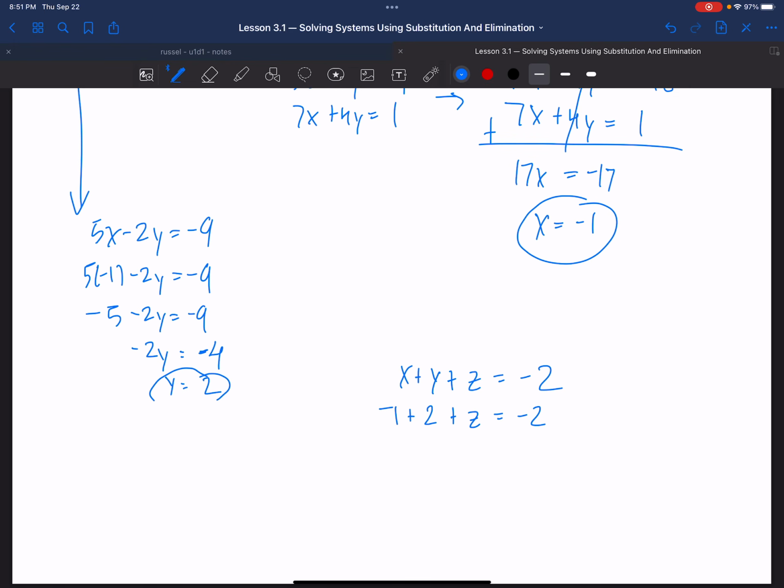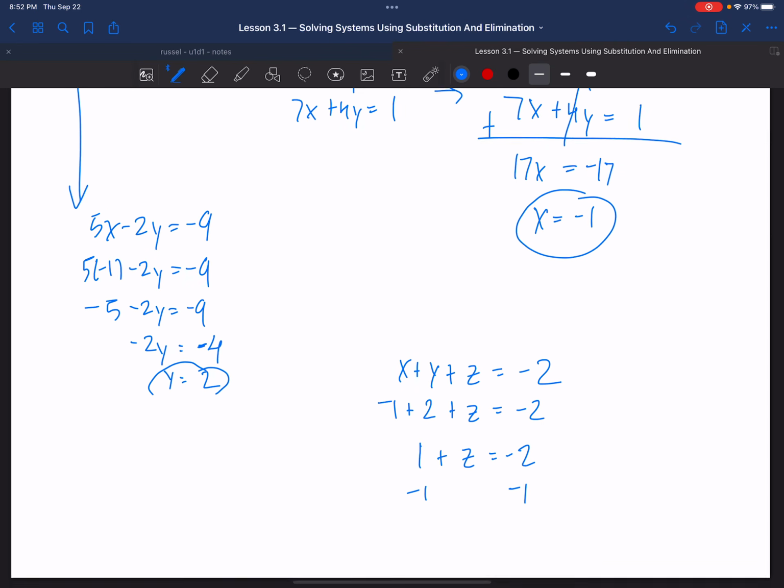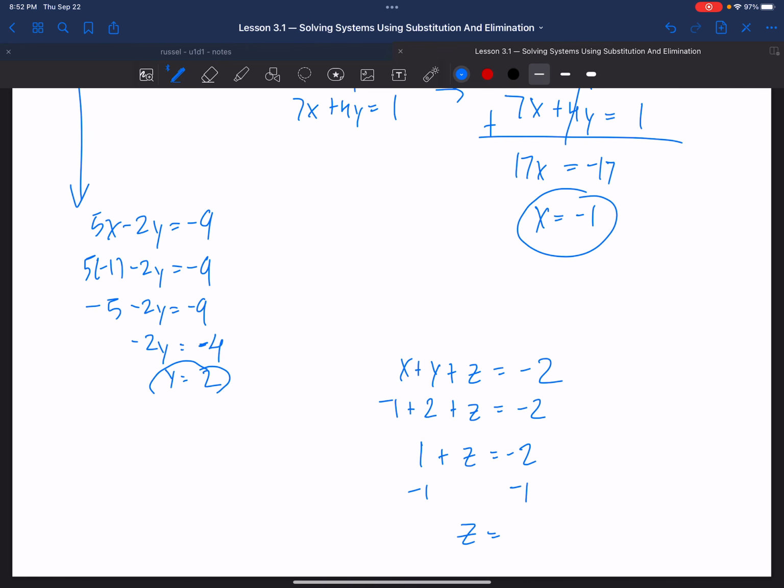So negative 1 plus 2 is 1. 1 plus z is negative 2. Oops. Brain jumping ahead right there. Subtract 1 from both sides, and z equals negative 3 is your final answer. And we are done. My ordered triple is x is negative 1, y is 2, and z is negative 3.